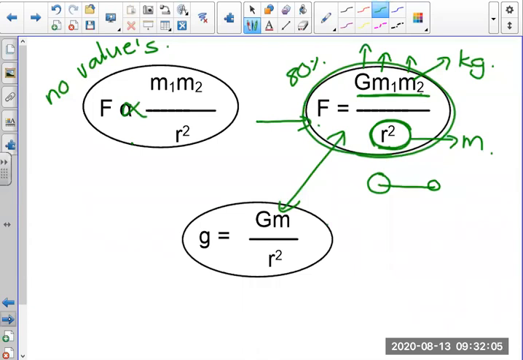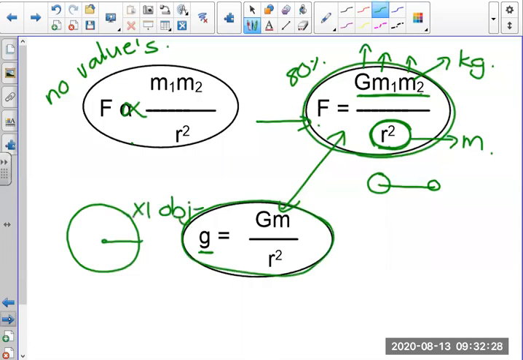The last equation that I have is this one, which is also on your information sheet. We use this equation when I only have one object. There's the Earth. They give us the radius of the Earth. They want you to work out the mass or the gravitational acceleration or so. So sometimes they only talk about one object.